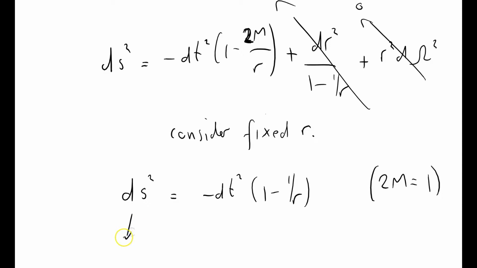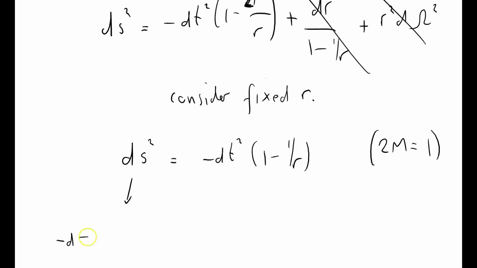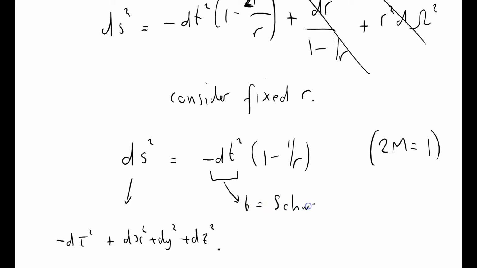Now what's ds squared? Well, that's going to be equal to minus d tau squared plus dx squared plus dy squared plus dz squared. What I'm doing here is t equals Schwarzschild t, which happens to agree with regular time far away from the black hole. But what happens close to the black hole?